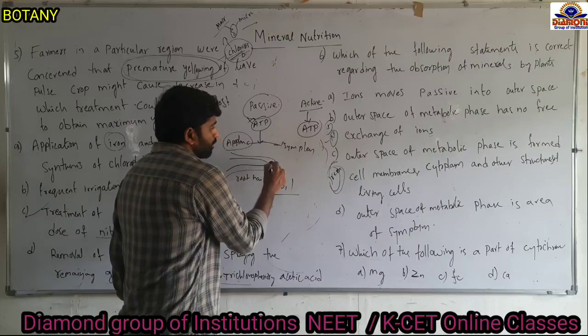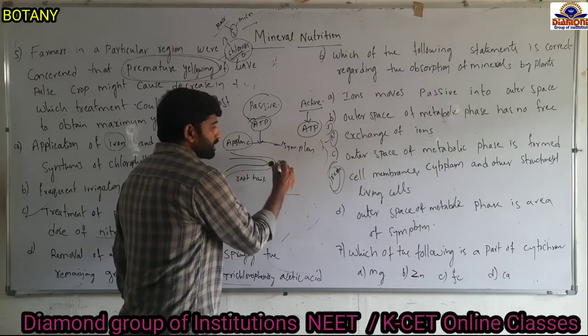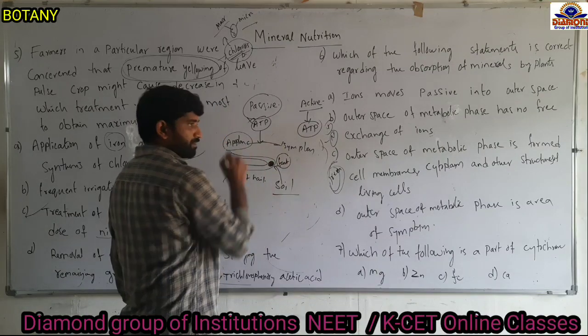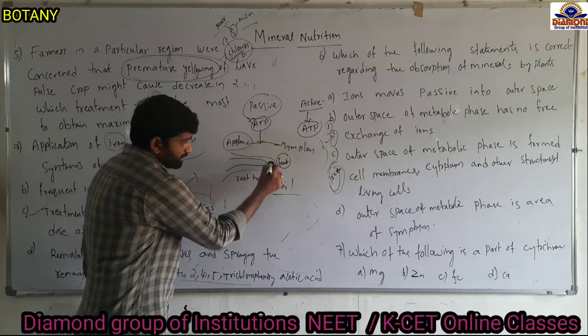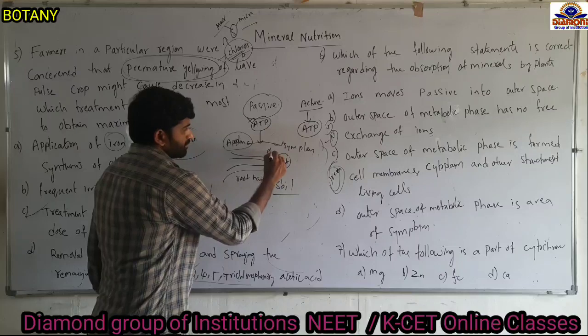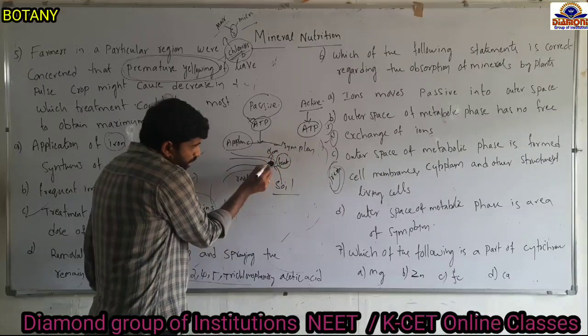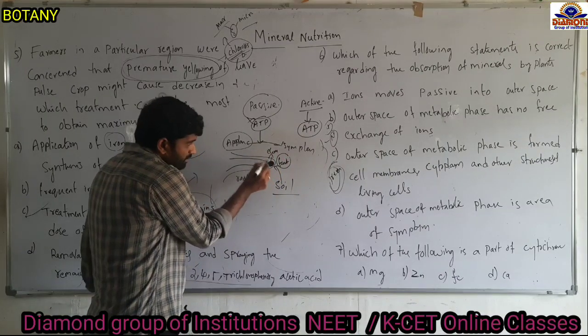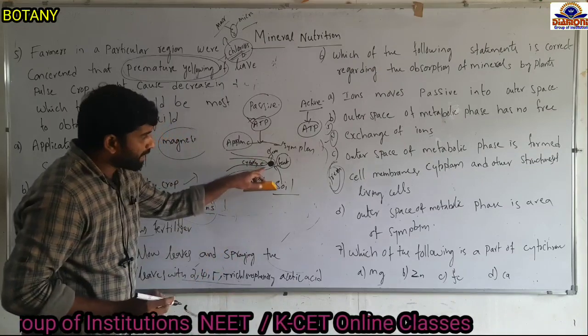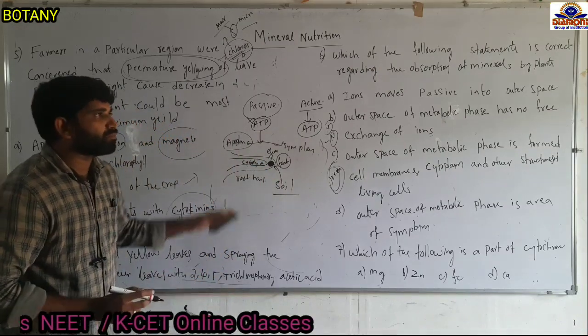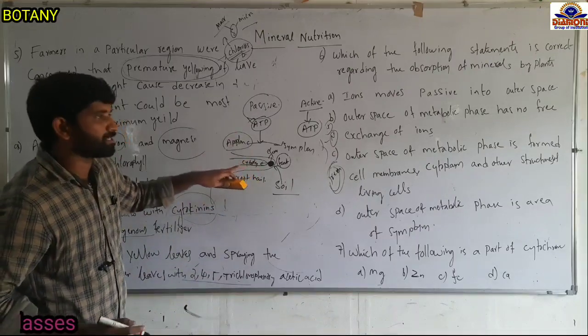Here, the apoplastic process occurs fast. And when the elements are present in the intercellular space, they have to move from the intercellular spaces into the cytoplasm of a root cell. Here the plasma membrane is present, so the elements move through the plasma membrane.